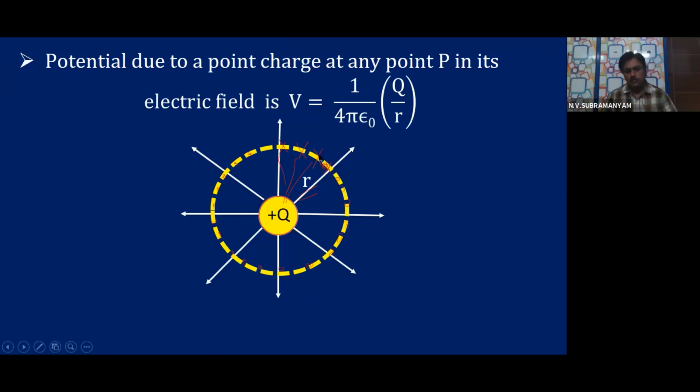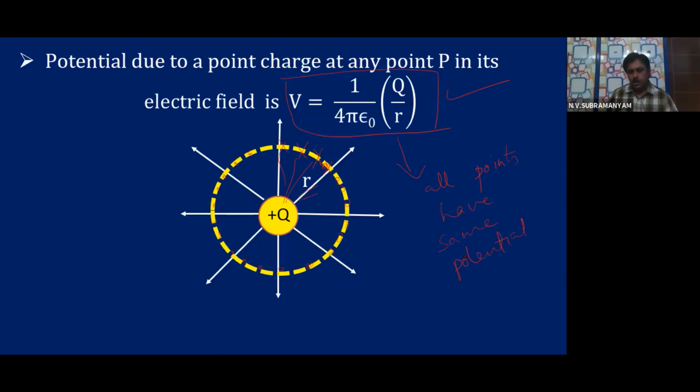Sphere means ball, so imagine the charge at the center of the ball, children. Then all the points on the sphere are at the same distance. That means, as per this potential formula, all points have the same potential, or I can say constant potential.